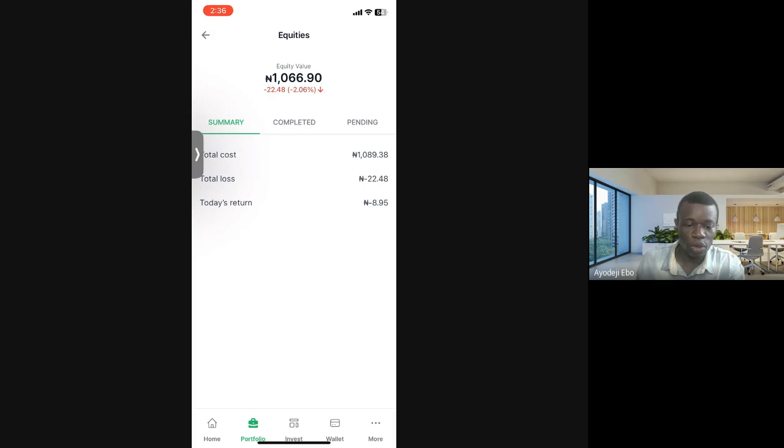Yes. So you will see that total cost is 1,089. Total loss is 22. Today's return is in naira. But if you look above, you can see that the portfolio is down by 2%. That is what it's saying. So you know your overall cost. The current value of the portfolio is 1,066. The current cost is 1,088. So you know that you are losing 22 naira. So that is very important, that you need to be tracking in your investment.